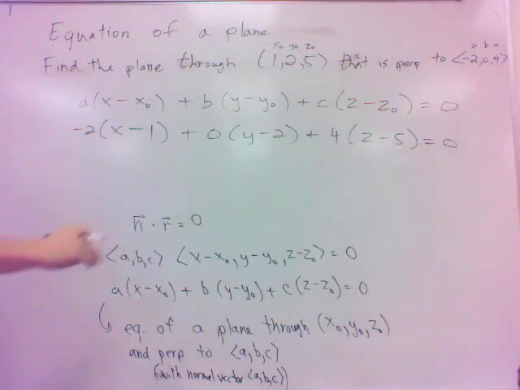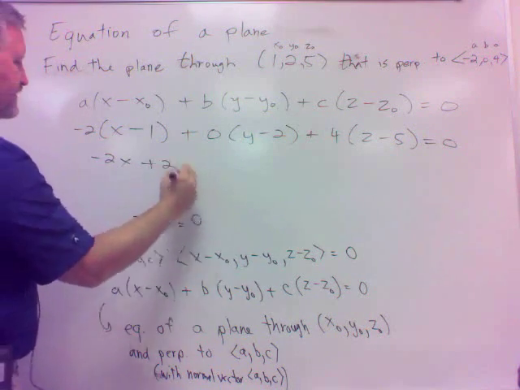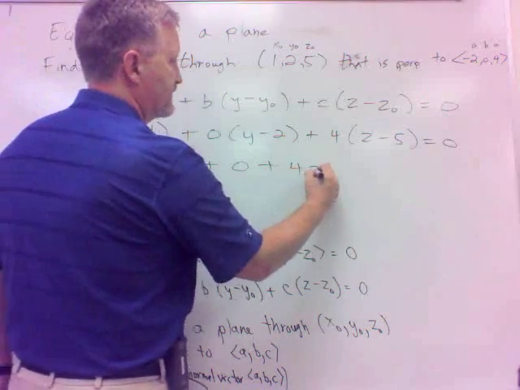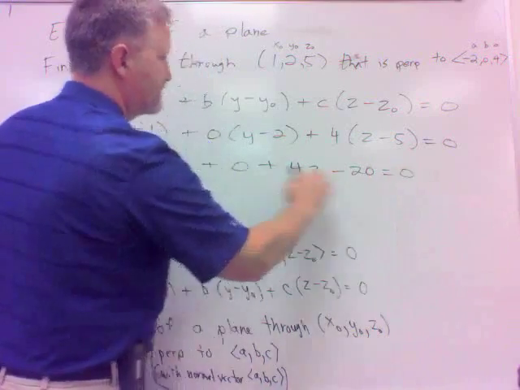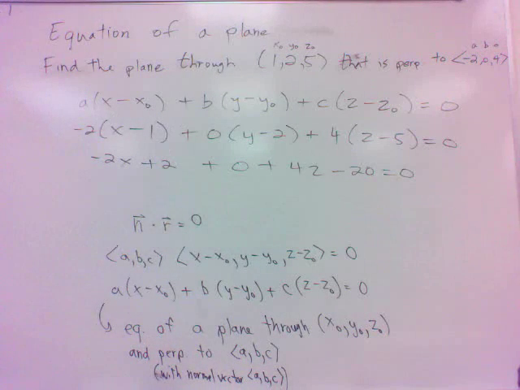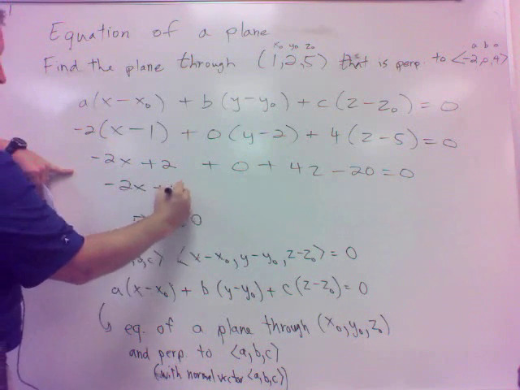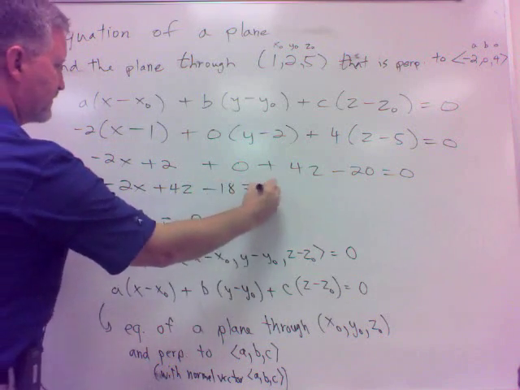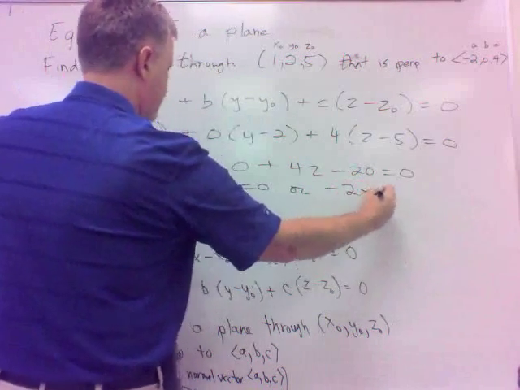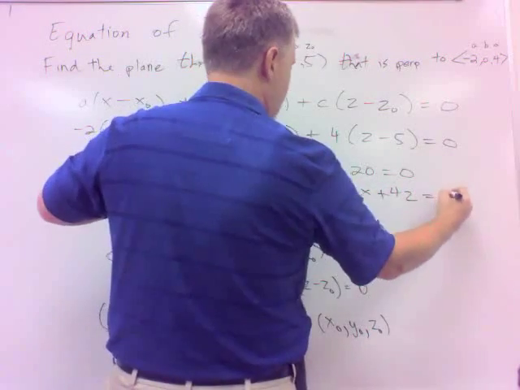Of course, that middle term would drop out since that's 0, but you can do different things. Yeah, -2x plus 2, of course that's 0, plus 4z minus 20 equals 0. I'm not sure exactly how the book does it, I don't know if they usually leave it this way, but you can get -2x plus 4z minus 18 equals 0, or -2x plus 4z is 18.